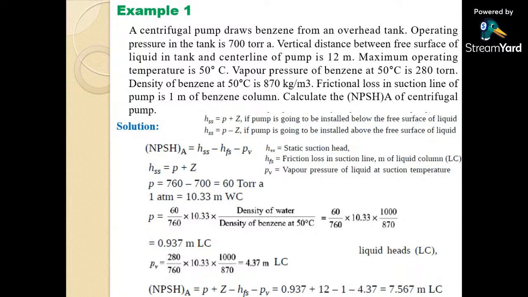Okay. Now from water column, we have to convert it into liquid column. So what is the value of P? That is 0.81 meter of water column equals how much meter of liquid column? 0.94.